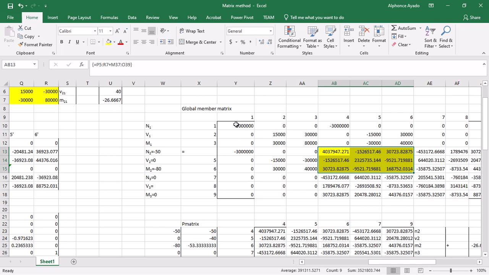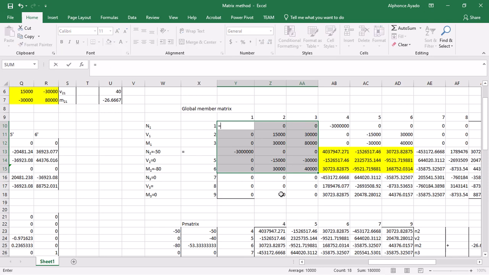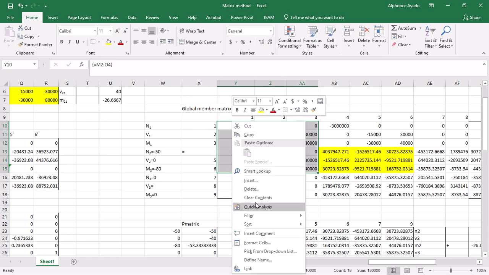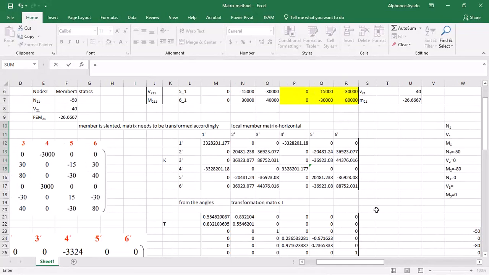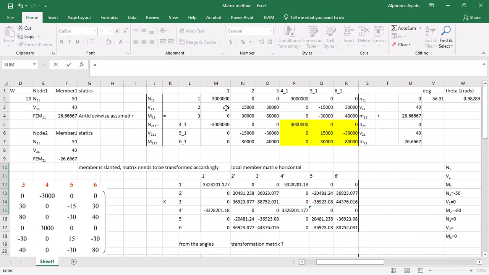For example, from 1 to 3, to 6 is just the same. So let me clear so you can see how to copy. So that equals that, and Control Shift and Enter, and that's already copied.